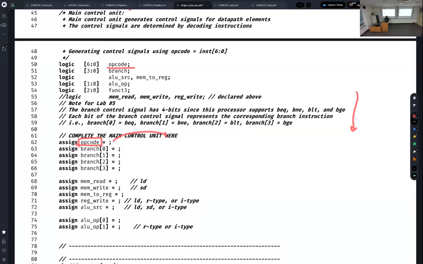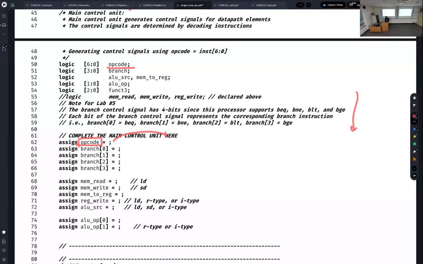In the comments, I provide the required information for designing this single cycle processor. For example, the branch has a four-bit signal. In the class we learned about the branch signal, but it was a 1-bit signal that detects BEQ only. In this fifth lab assignment, our single cycle processor needs to support other branch instructions such as BNE, BLT, and BGE.